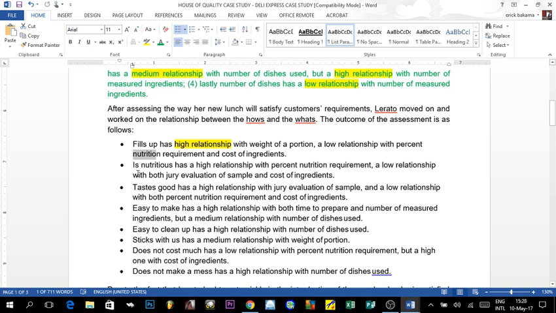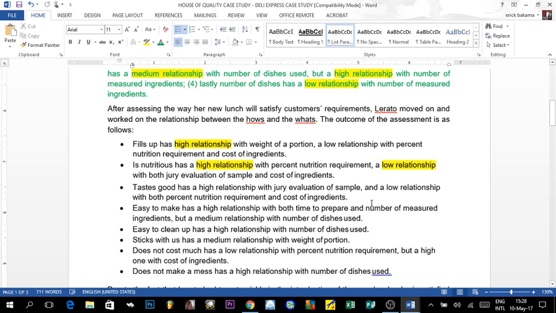The second part, they say, is nutritious has a high relationship with the percentage of nutrition requirement, a low relationship with both the jury evaluation of samples and the cost of ingredient. So now we are working with the nutritious part.